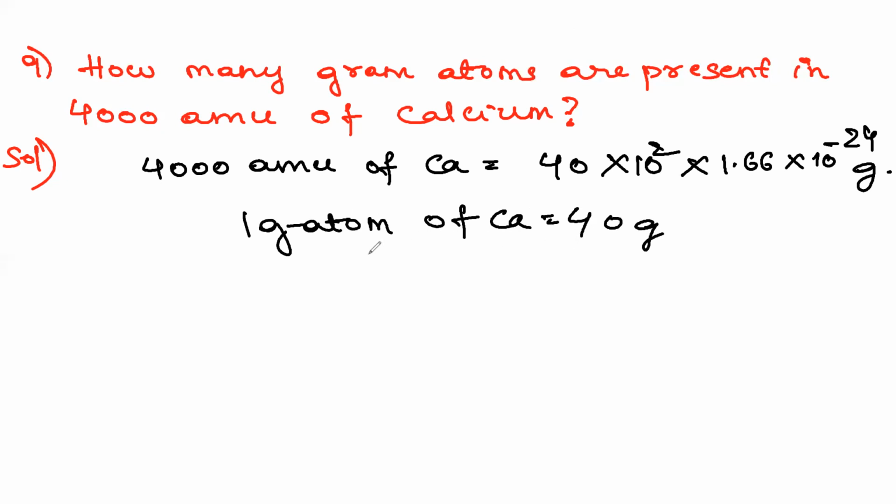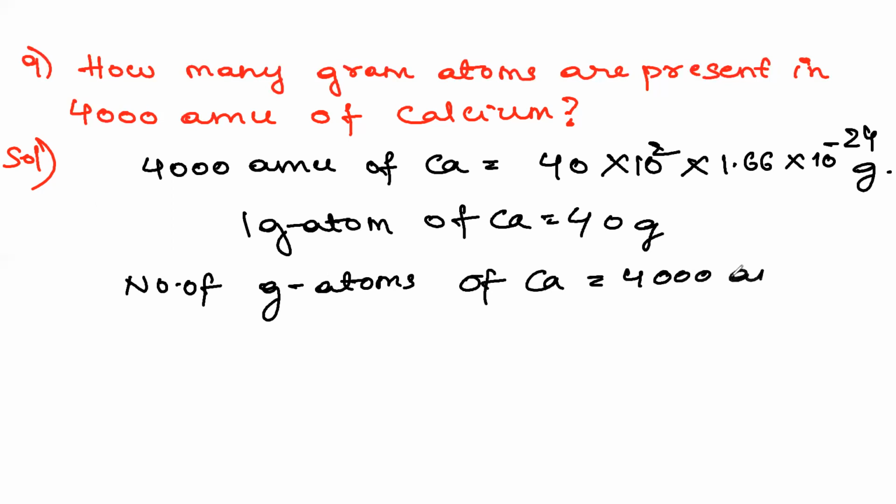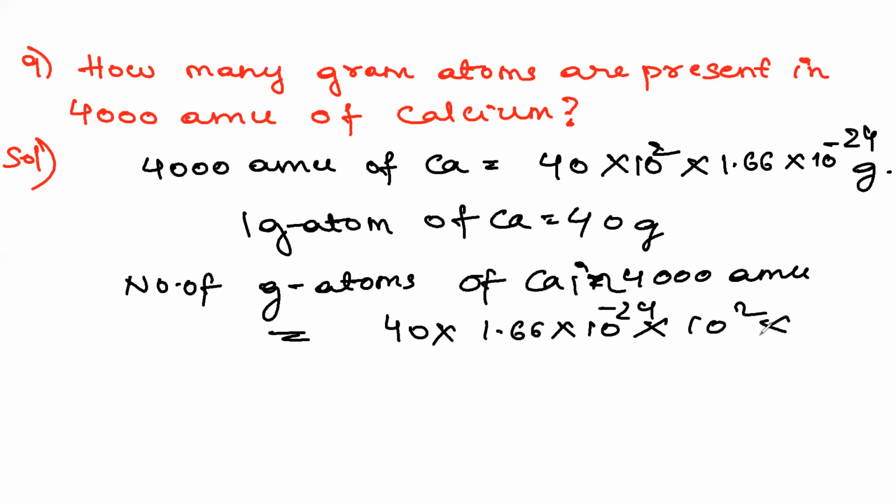So the number of gram atoms of calcium in 4,000 AMU is equal to 40 × 1.66 × 10^-24 × 10^2 divided by 40, because we have to find the number of gram atoms in 4,000 AMU of calcium, and 1 gram atom of calcium is equal to 40 grams.